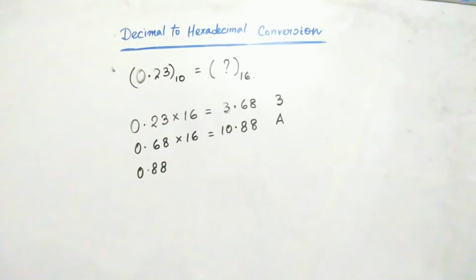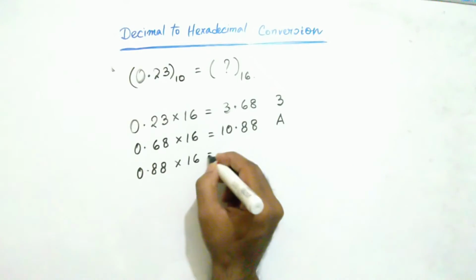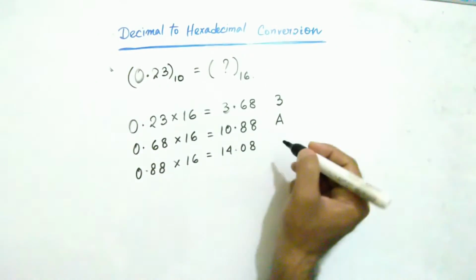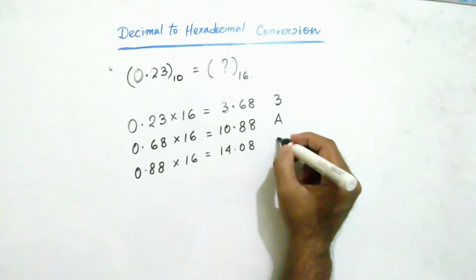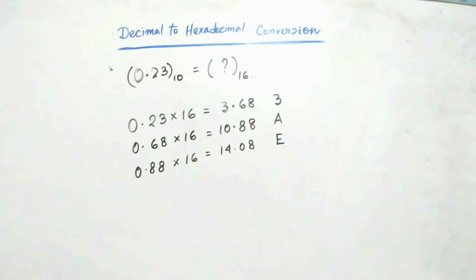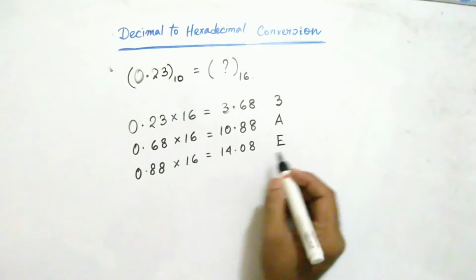Now again 0.88 multiplied with 16 gives 14.08. Again, since we are taking out 14, instead of 14 we write the designated symbol, which is E. E means 14 in hexadecimal.